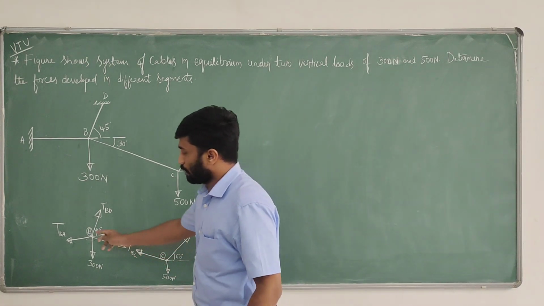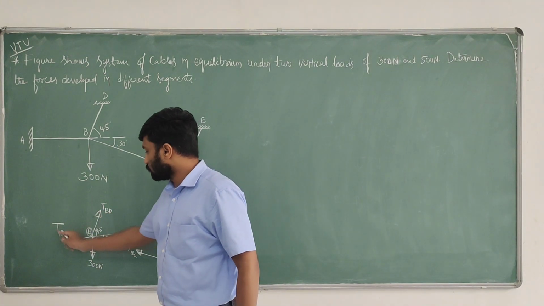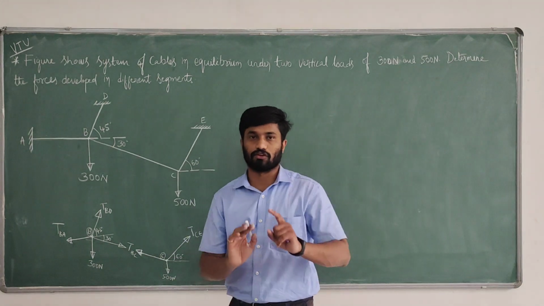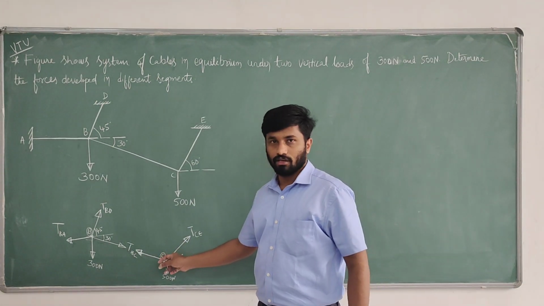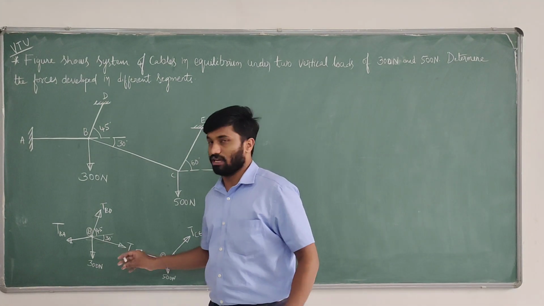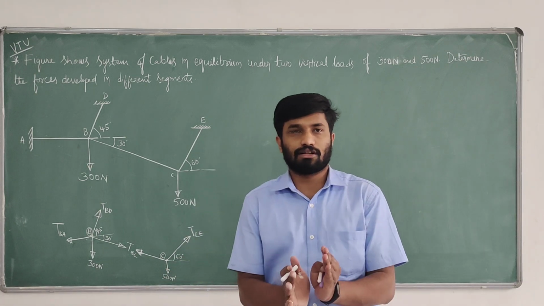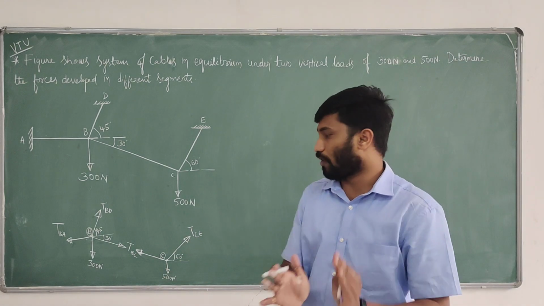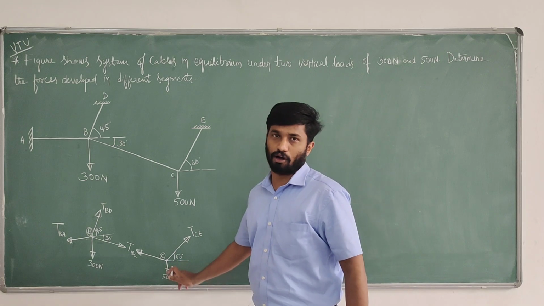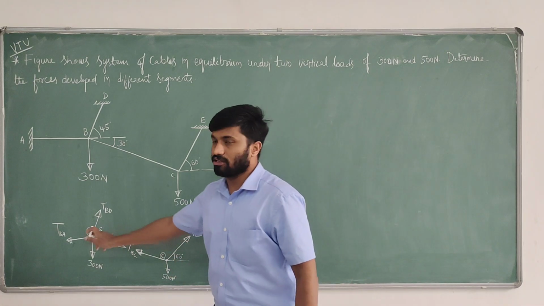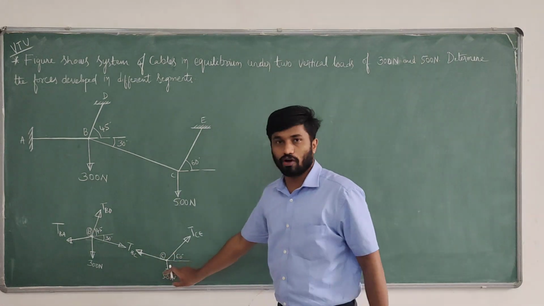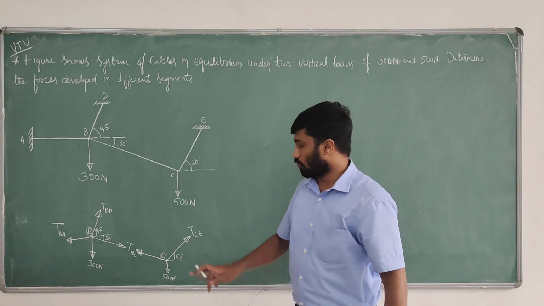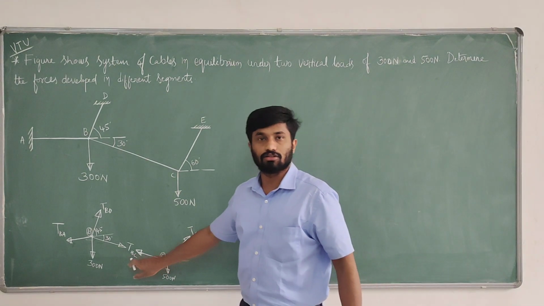If you consider joint B, you have 1, 2, 3, 4 forces. If you consider joint C, you have 1, 2, 3 forces. So we can consider the least number of forces. Joint C has the fewest forces compared to joint B, so consider joint C first. Analyze, and you get the unknown values TCE and TBC.